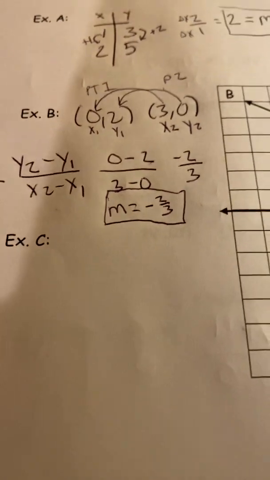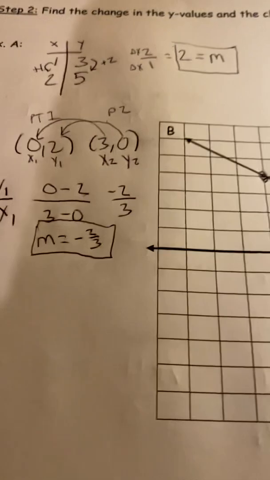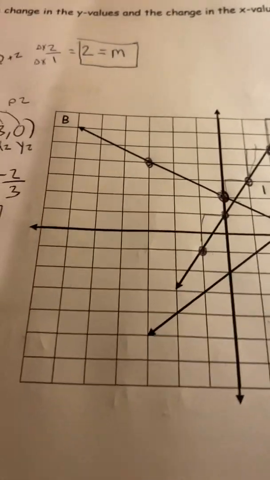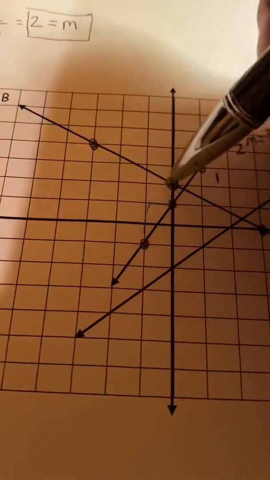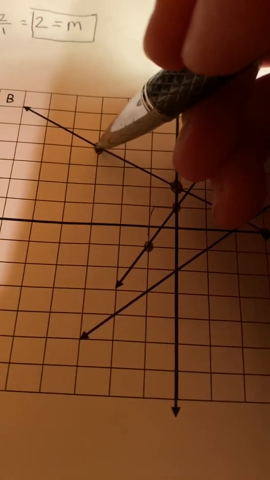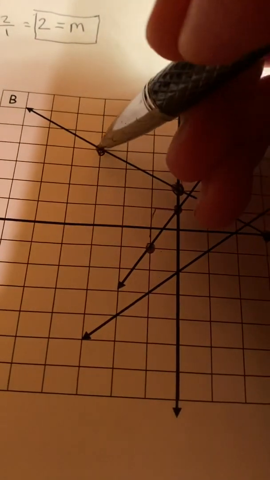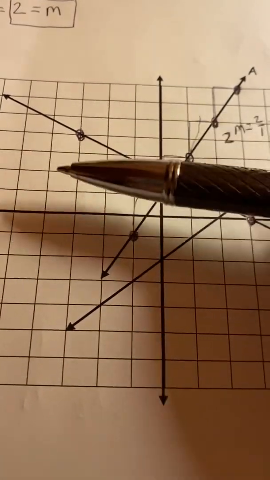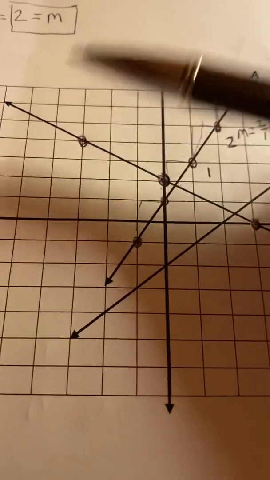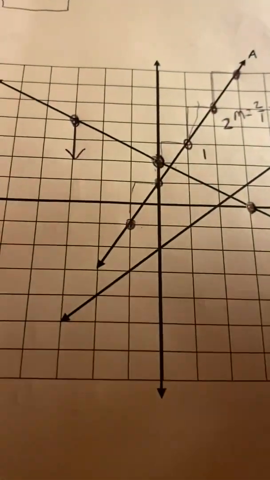Okay. Let's check that using our staircase method, or just looking at the measurements here on the grid. So let's talk about these 2 points right here. What's the vertical change between these two? Like, what's the distance vertically between these two? Well, you'd have to go down 2, right?